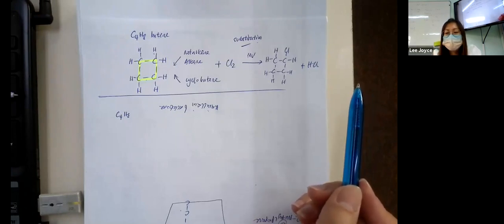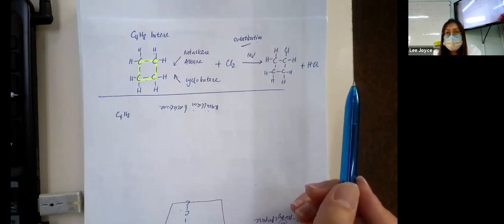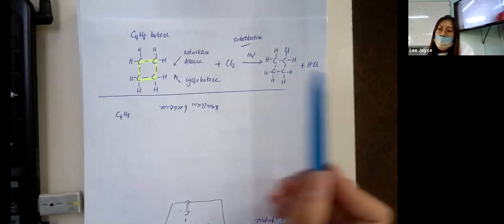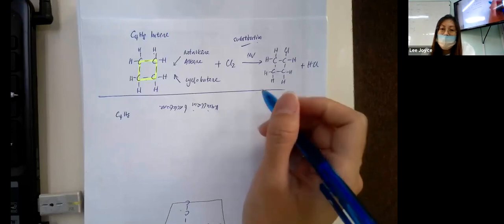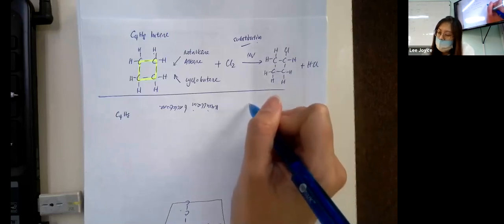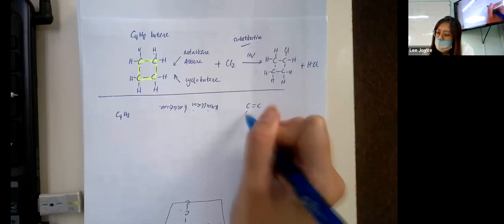Now, can an alkene take on a cyclic structure? Yes. Actually, all types of hydrocarbons can take on a cyclic structure. So how will a cyclic alkene look like? Let's say we have this.